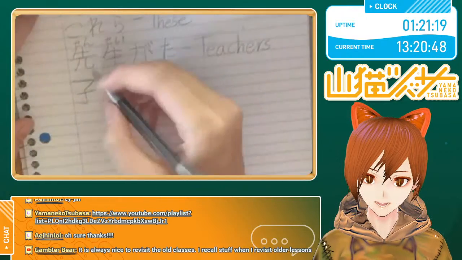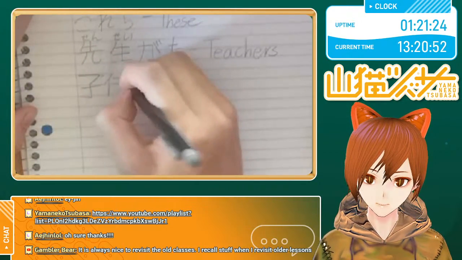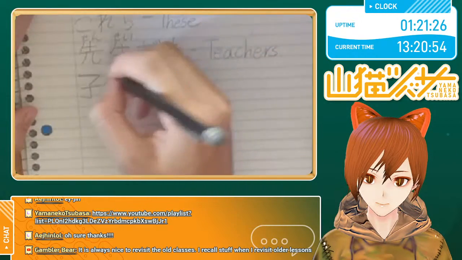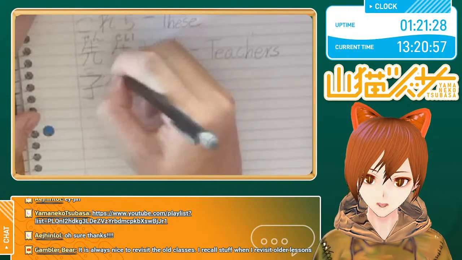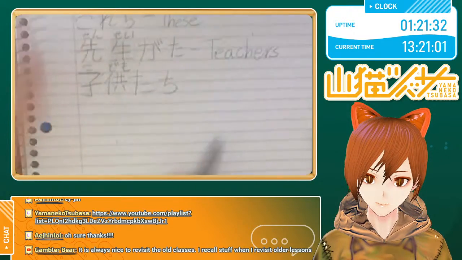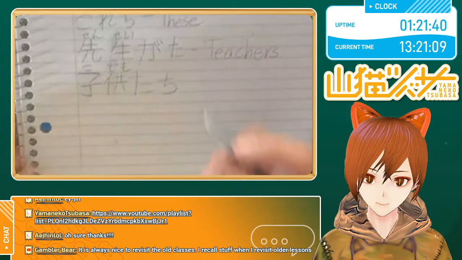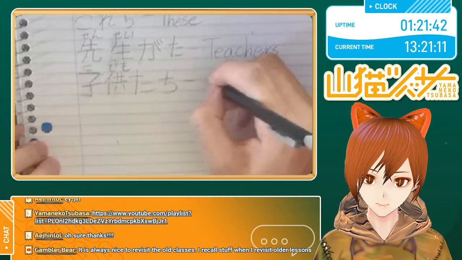Yeah. Of course I forget the kanji, immediately after writing it out earlier. Domo. I believe that's how the split is. Kodomotachi. Children.